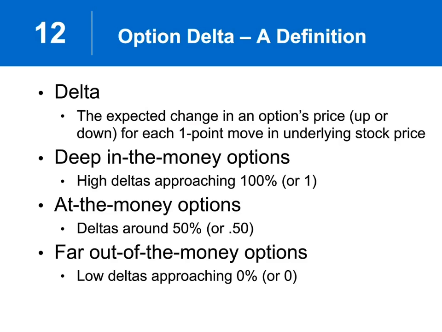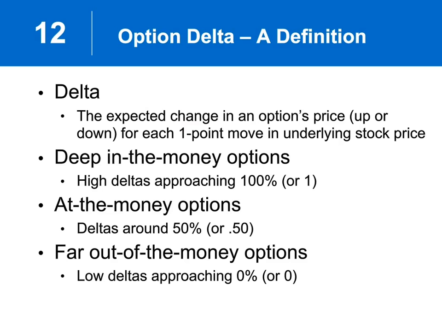If we've got an at-the-money call, staying on the call side, and that underlying goes up by a point, all other Greeks and factors being equal, we would expect that at-the-money option to increase by 50 cents. So the numbers on your platforms correspond to money, essentially.